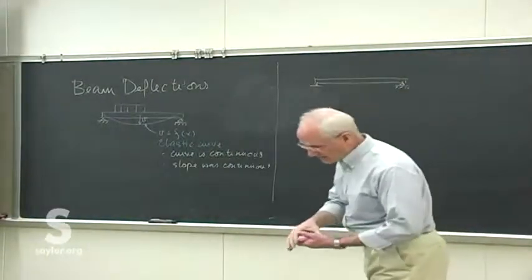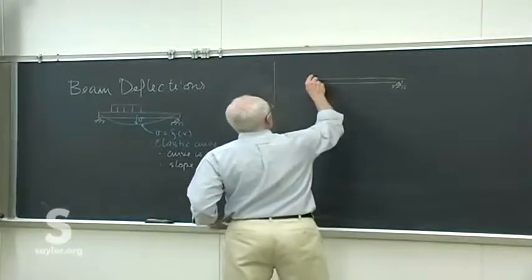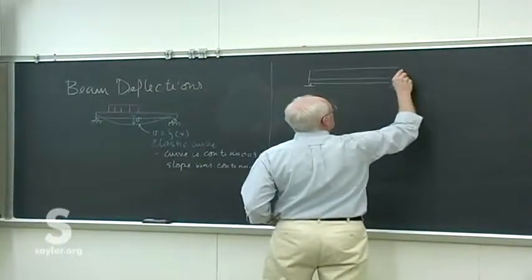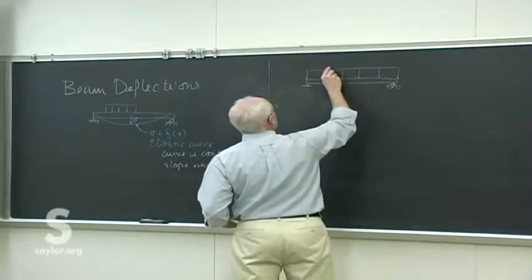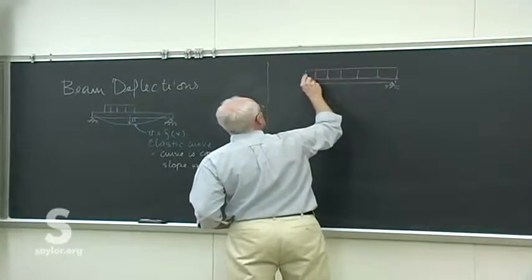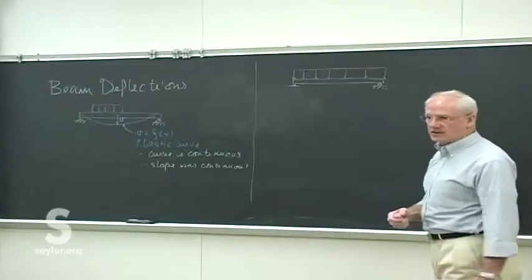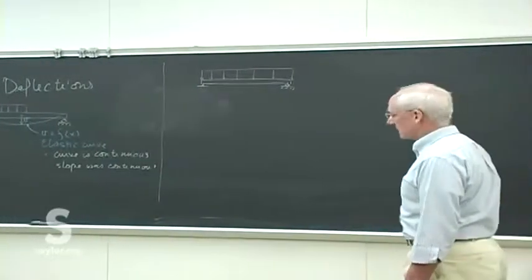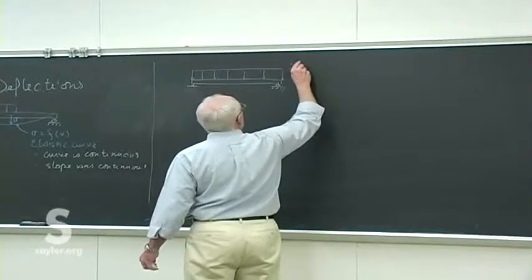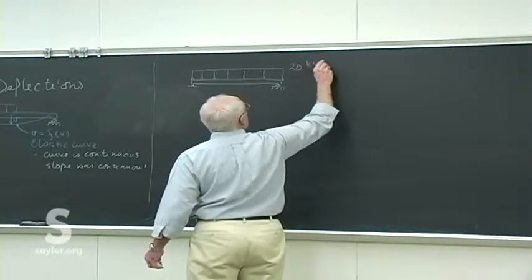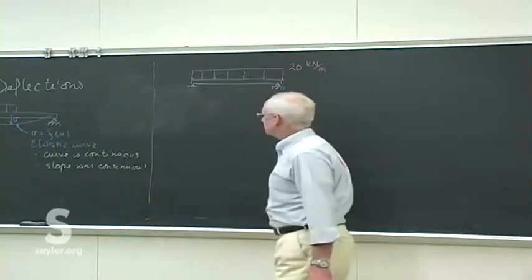So imagine we've got a simply supported beam with a uniform load, and remember that could be nothing more than the weight of the beam itself. That's exactly how the weight of the beam would show itself in one of these problems, as a uniform distribution of a load per unit length of beam.